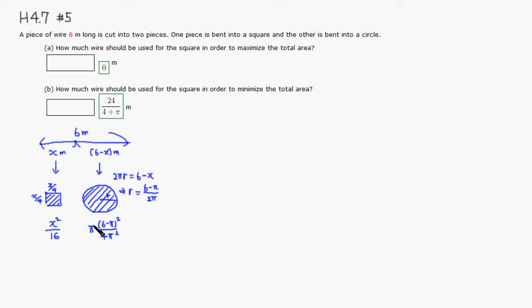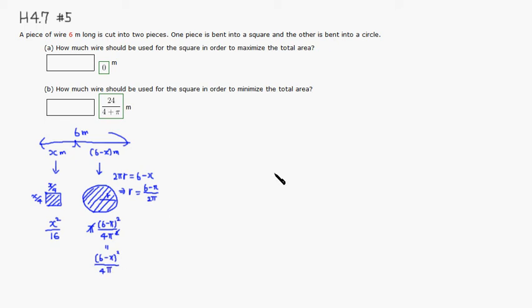There's a pi here and a pi there, so cancel those out. So this is going to be simply (6 minus x) squared over 4 pi.